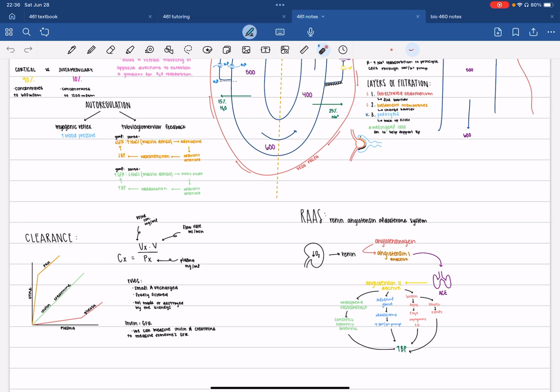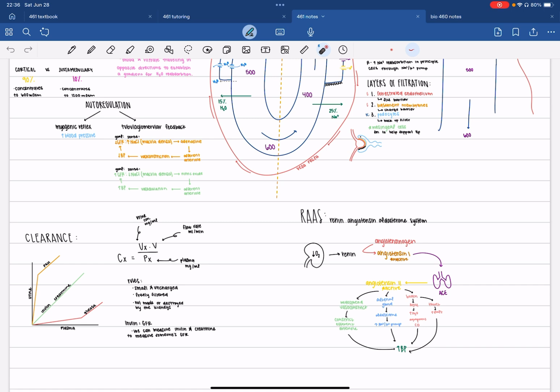What we're looking for here is some examples of substances that should be more cleared, or glucose, which should not be cleared at all. But then we also have these two substances right here that are cleared of the plasma and found in the urine, at the same concentration as in the plasma.